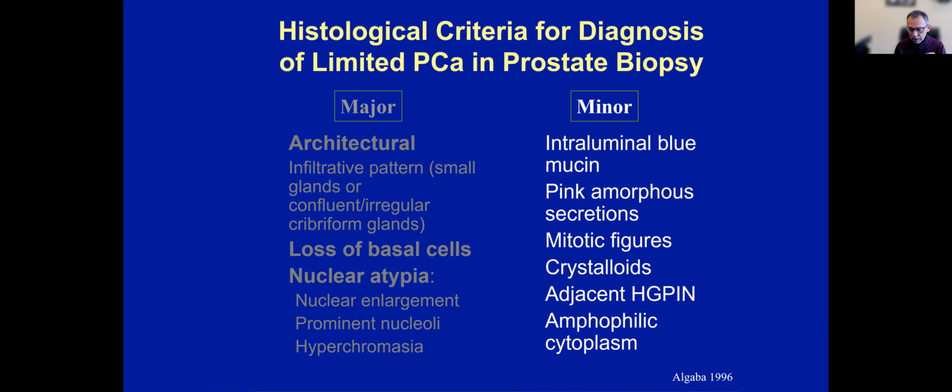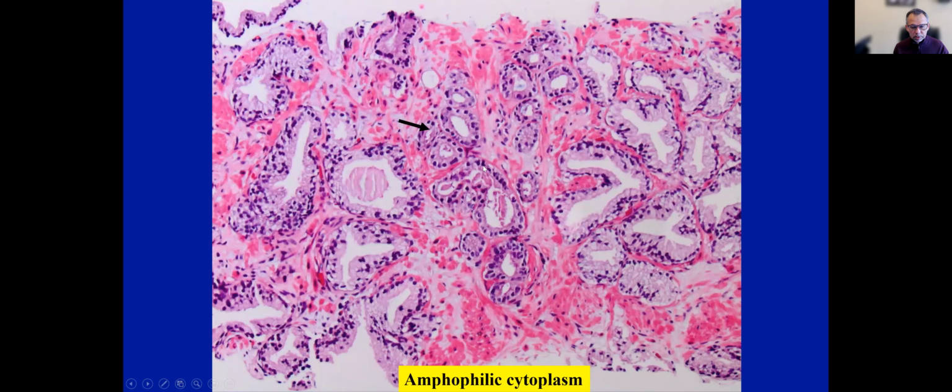Prostate cancer invariably should have some degree of cytoplasmic differences compared to adjacent benign glands. And then intraluminal blue-tinged mucin, pink amorphous secretions, mitotic figures, crystalloids, adjacent high-grade PIN. These are all other soft criteria, and some of that we will talk about during this presentation.